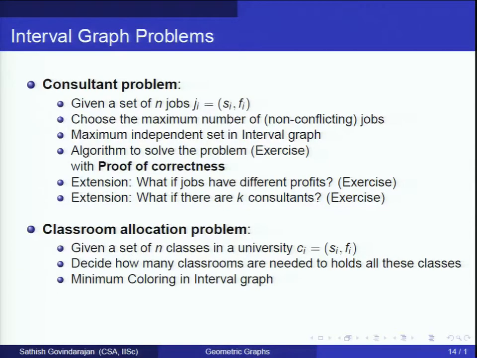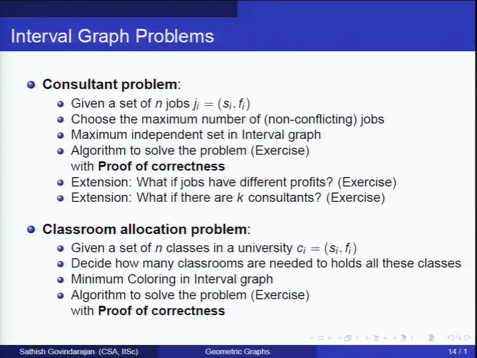If there is no classroom, allocate a new classroom, right? And whenever a class ends, that classroom is made free, so that some other classes can use it. So at any point you see that existing classrooms, if they can accommodate this class, go ahead and allocate it. If not, you use a new classroom, and keep doing this for every class, sorted in the increasing order of start times. Again, a very natural greedy strategy, but what is not clear is to give a proof of correctness. Why will it work correctly? So I'll leave that as an exercise.